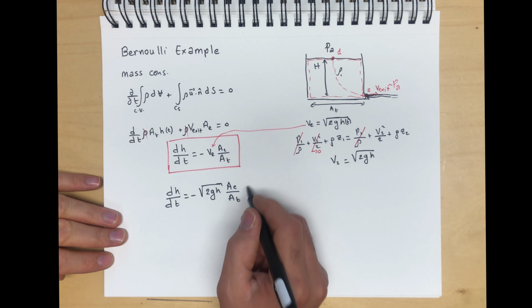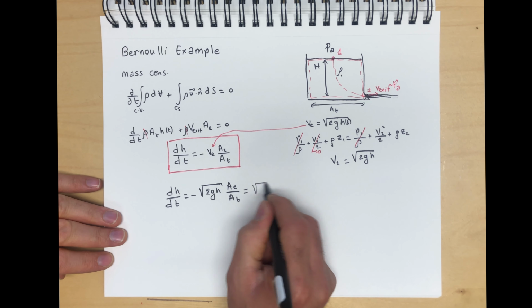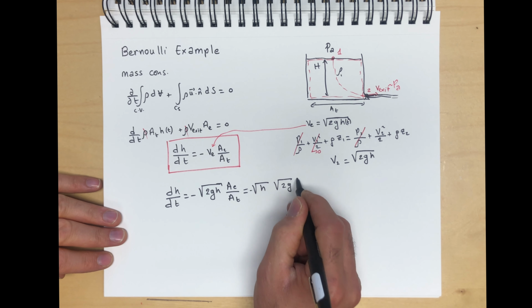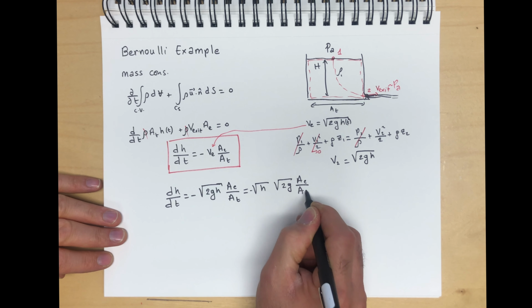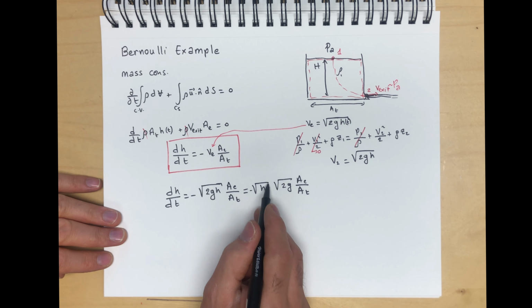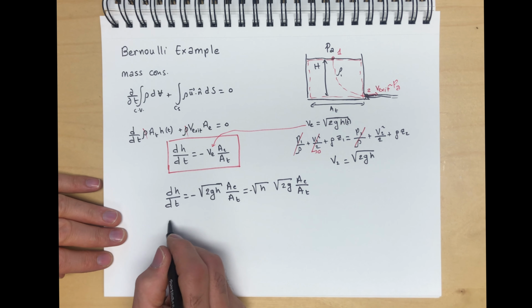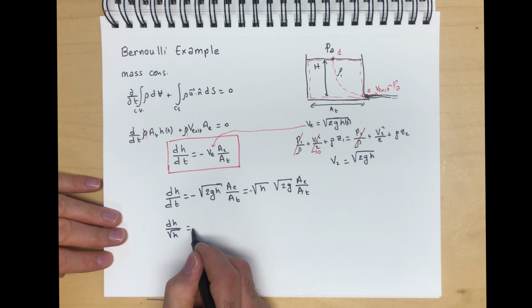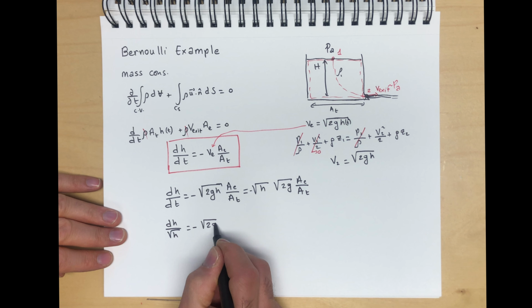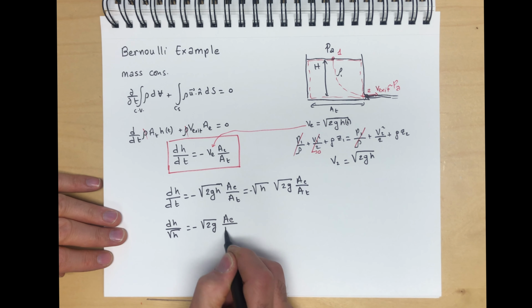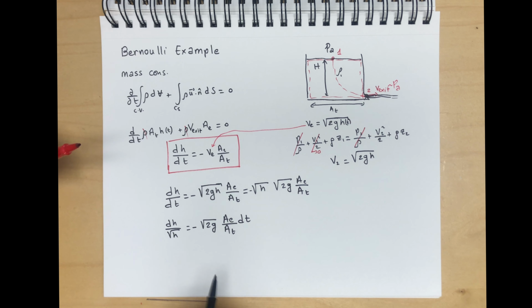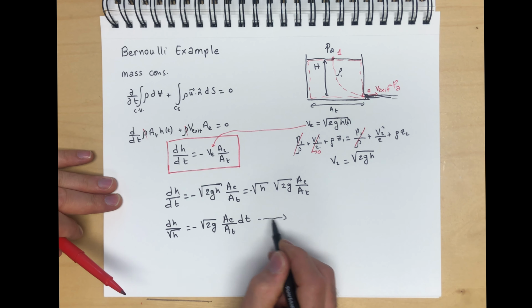Okay, so now we can simplify this a little bit. We write this as minus the square root of H times the square root of 2g A exit over A tank. Now I'm going to write this in this form: dH over the square root of H equals minus the square root of 2g A exit over A tank dt. And then we want to integrate this.